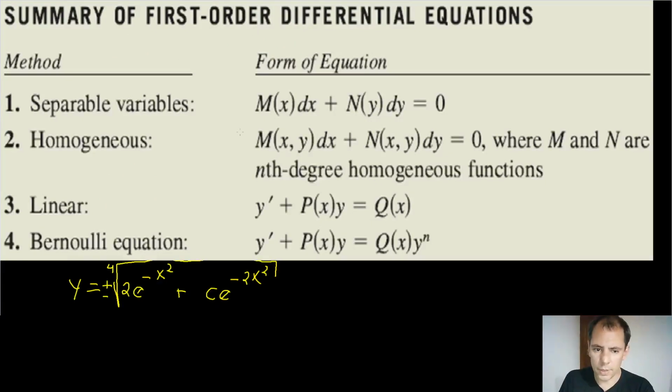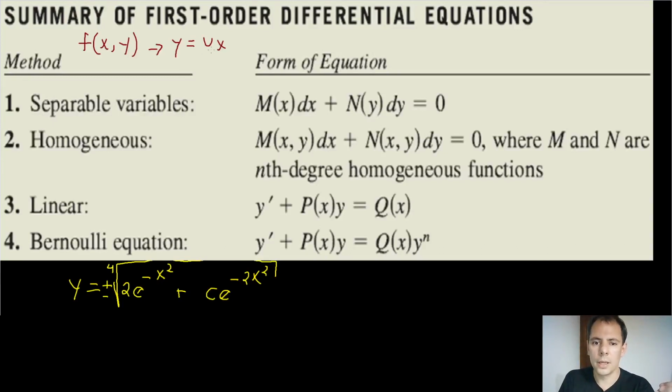In order to solve this homogeneous one, you have x and y, but here's the thing. The y, you're going to consider it vx, where v is a function of x.